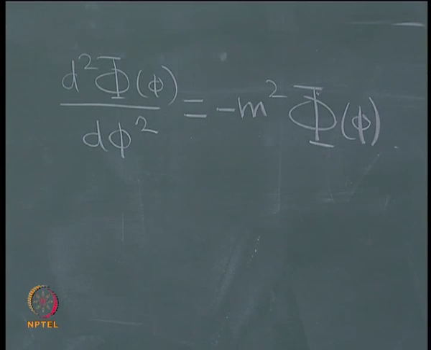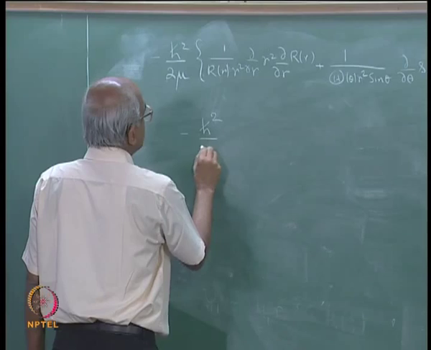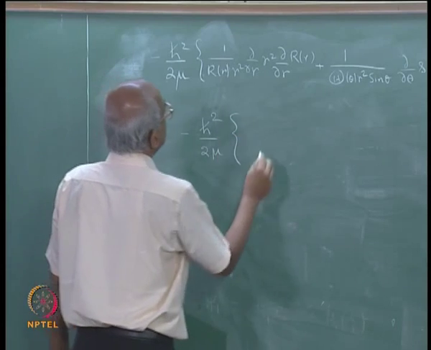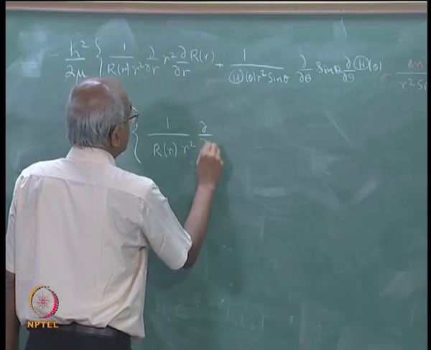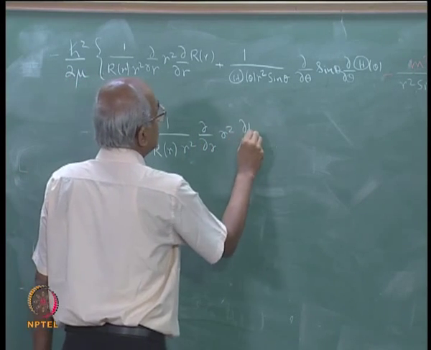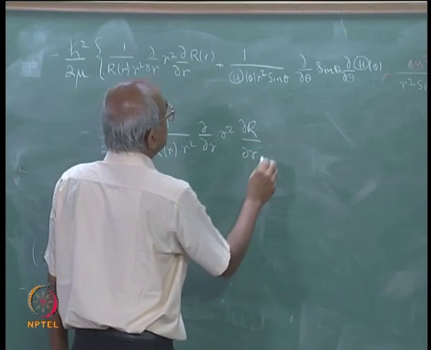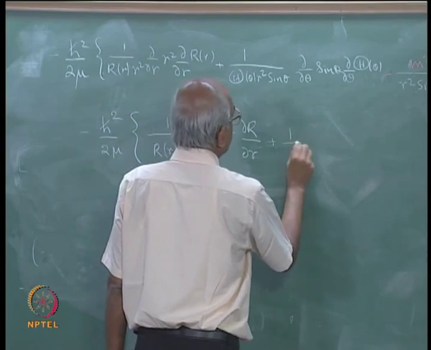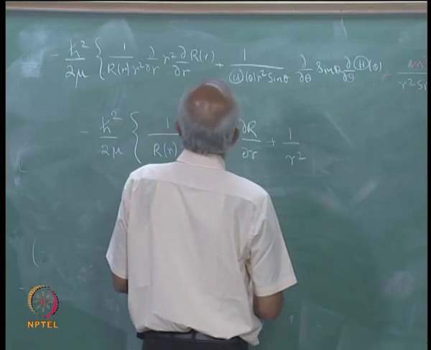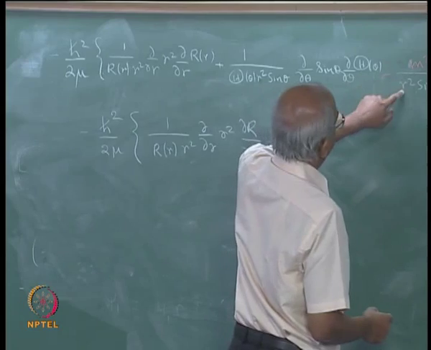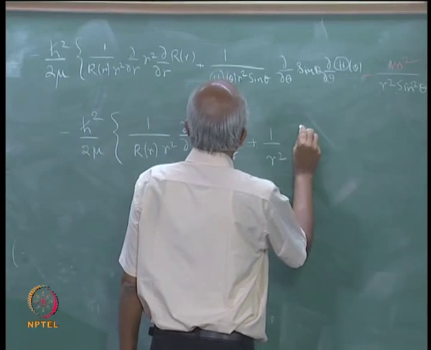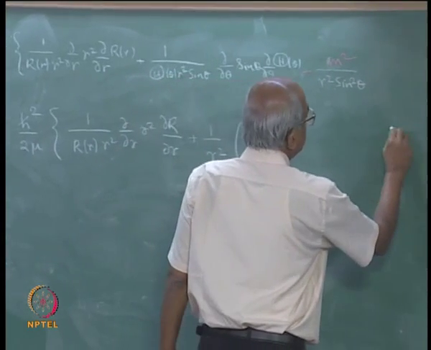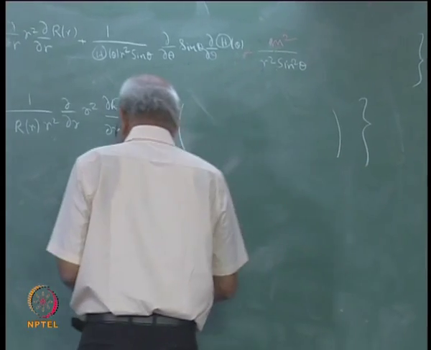So I will write this equation once more, minus h cross square by 2 mu, 1 by capital R of r, d by d r of r square d R by d r, plus 1 by r square. You can see there is a 1 by r square here, another 1 by r square there. So let me write it as a common factor. What is inside this bracket?